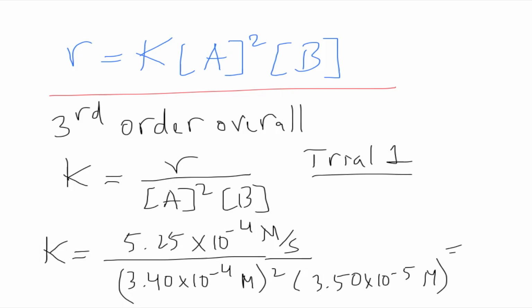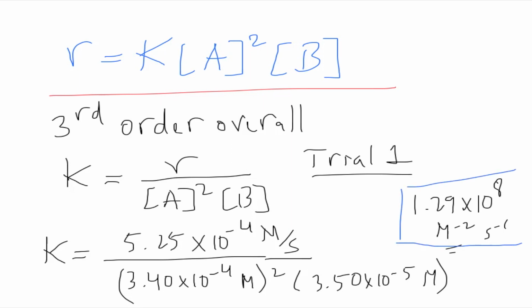This is 1.29 times 10 to the 8 reciprocal molar squared, M to the negative 2, times reciprocal seconds, reciprocal time, and that is the constant K.